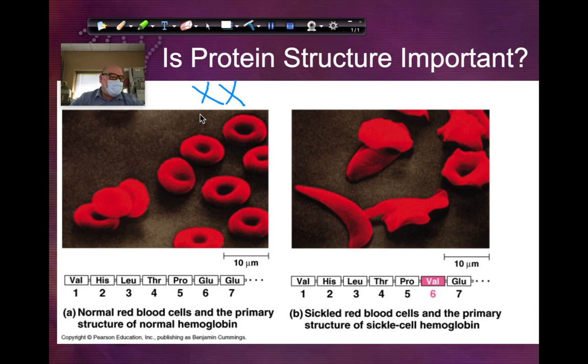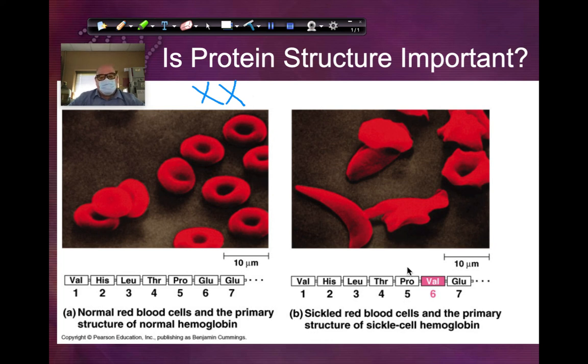So you might make 50-50. You might be like, well, half my proteins are right and half are wrong. This is why for a lot of genetic diseases, it's not really traits that you might see, okay? It's going to be stuff on the protein level. And, well, I guess you do see stuff on the protein level sometimes too, like eye color.